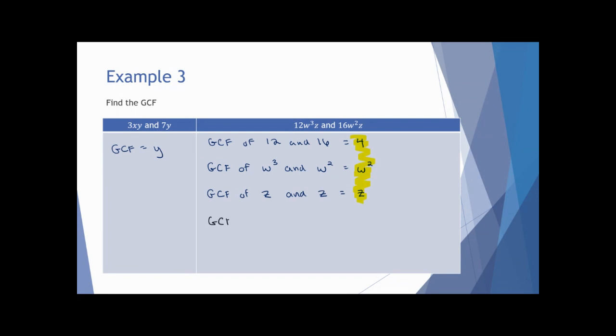So the GCF of 12w cubed z and 16w squared z is 4w squared z. So you work piece by piece, and then you combine those together, and that gives you your greatest common factor. Are there any questions?